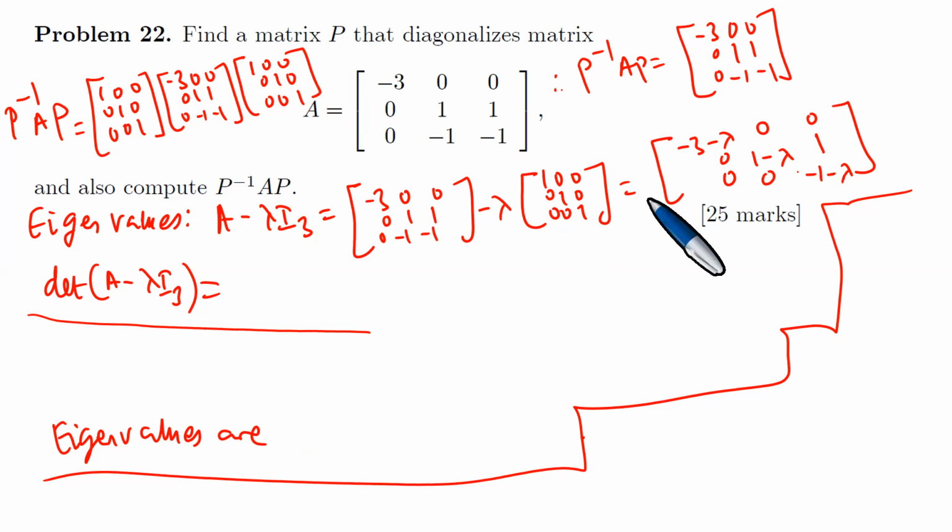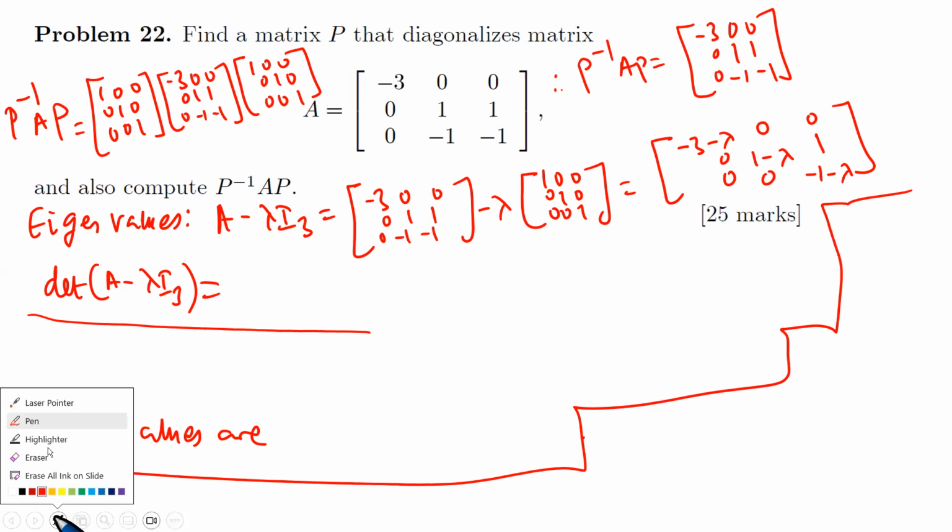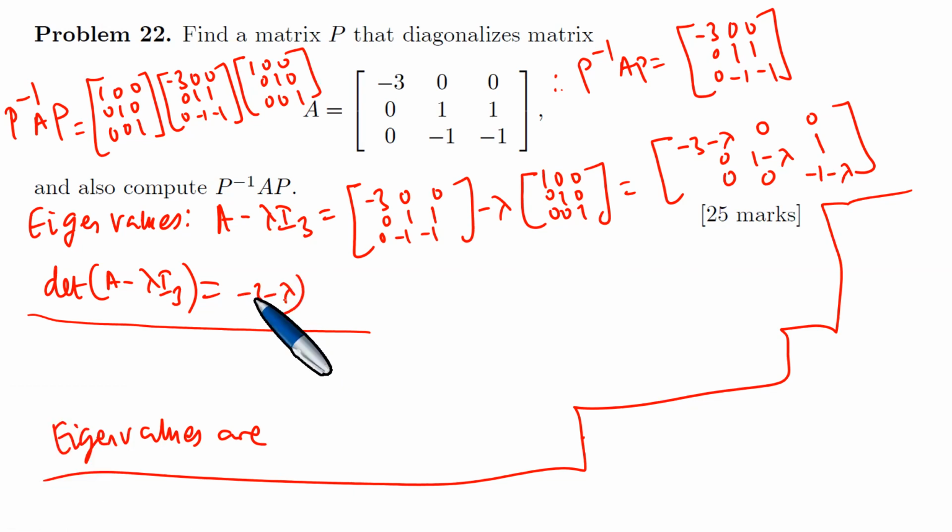If you miss the one here, then you find the thing, so that's going to be minus 3 minus lambda. You block this and that. So it's minus 3 minus lambda, and then you'd have 1 minus lambda, 1, 0, minus 1 minus lambda.